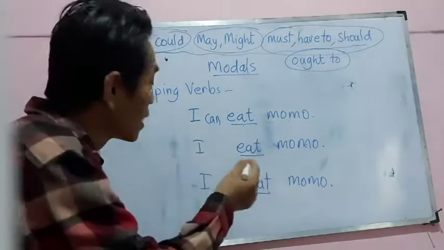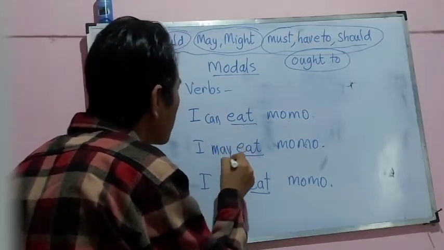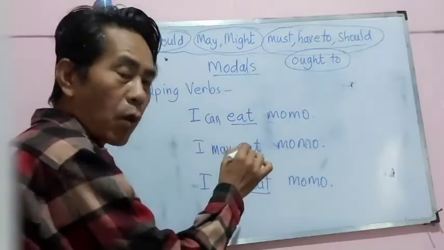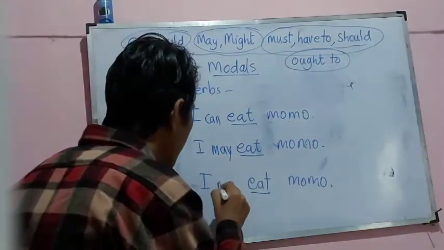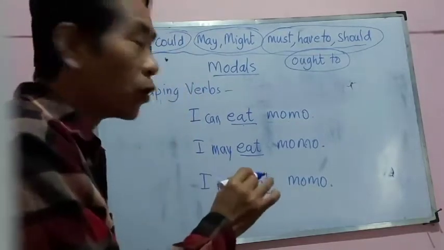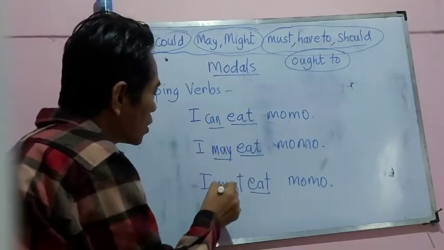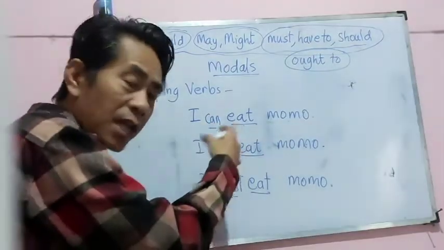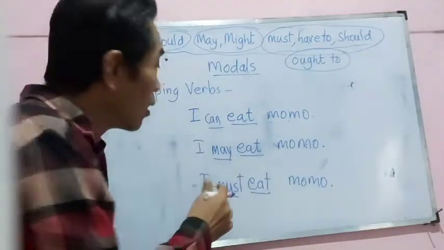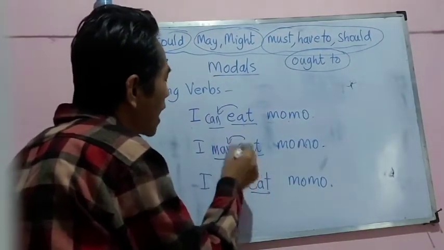Here I will use I may eat momo. And here I will write I must eat momo. By using these modals, do you see the change in the meaning of the sentence? We change the character of the main verb.